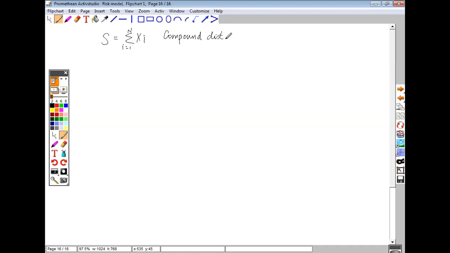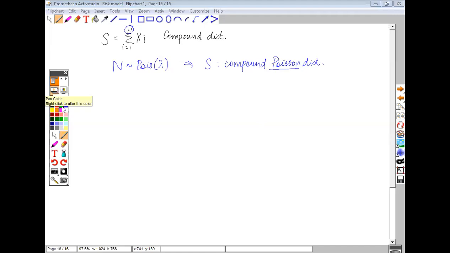If I tell you that my N follows a Poisson distribution with parameter lambda, then my S will follow a compound Poisson distribution. Remember, whatever the distribution of N is will be the name you have for the S.